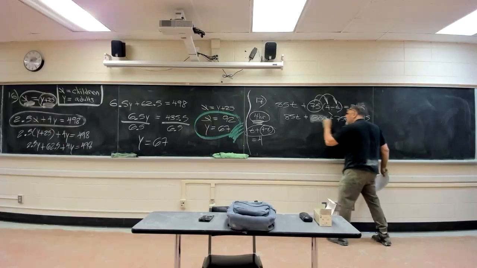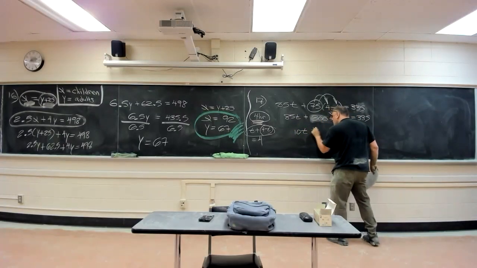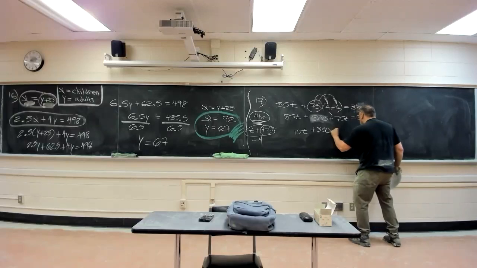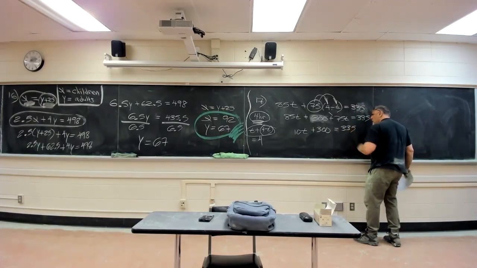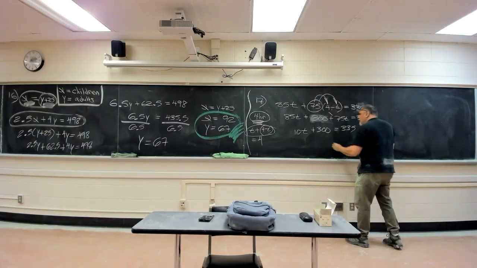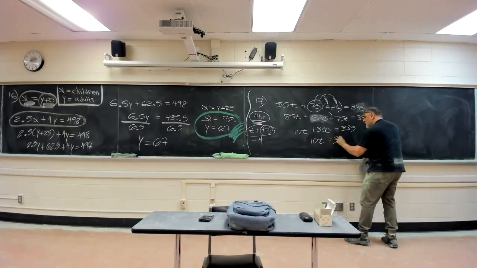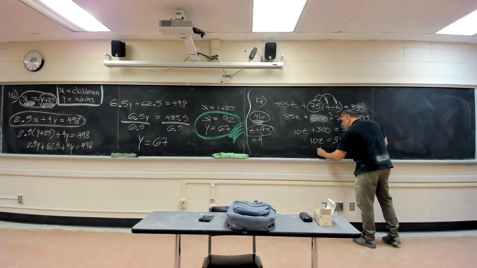Negative 75t and 85t is 10t. Sounds good. Let's subtract 300 on each side. Let's divide by 10 on each side.